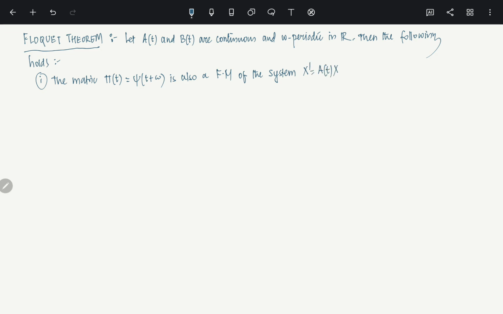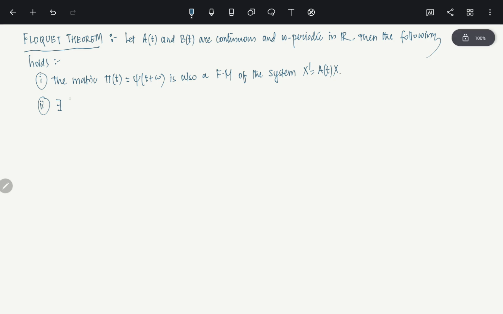Is this okay? And number two, there exists, this is important. So first of all, what am I saying? I am saying that if phi of t is a fundamental matrix, then phi of t plus W is also going to be a fundamental matrix of the same system. Clear?